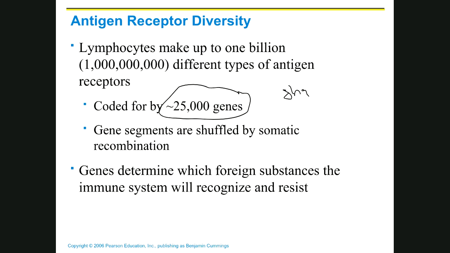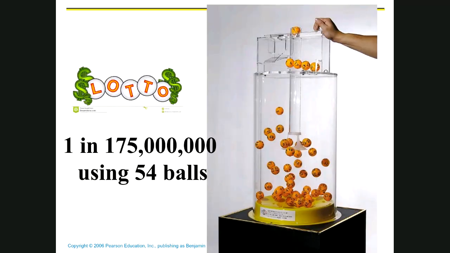So it's like trying to win the lottery if you put 25,000 balls in here and you waited for the same 6 to pop up. You wouldn't have a 1 in 175 million chance of winning. You'd only have a 1 in about 1 billion chance of winning.